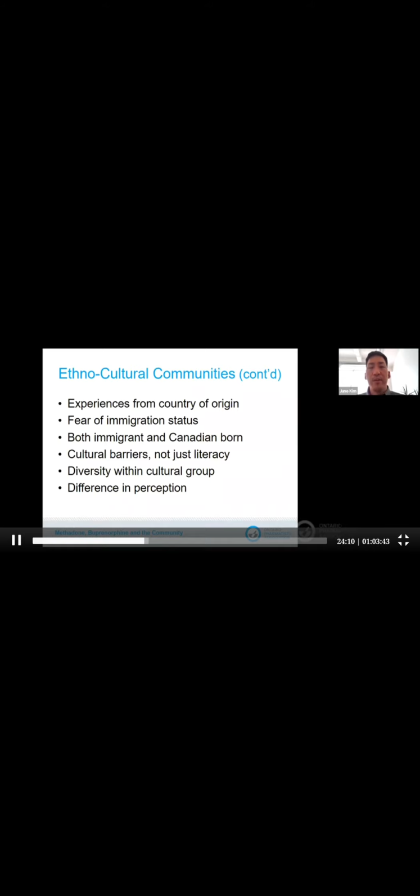Again, they may have different experiences from their own country of origin. Often there are cultural barriers, not just literacy, and often there's diversity within a cultural group and difference in perception.